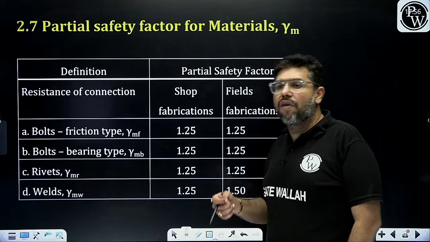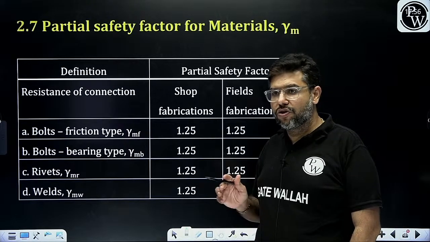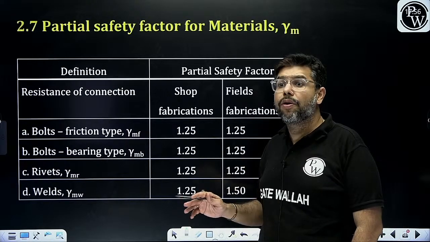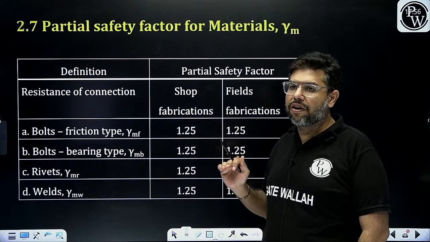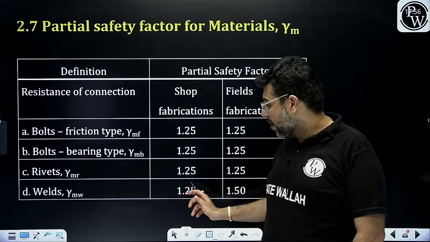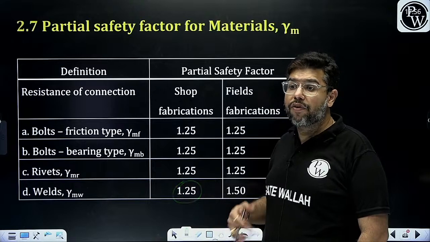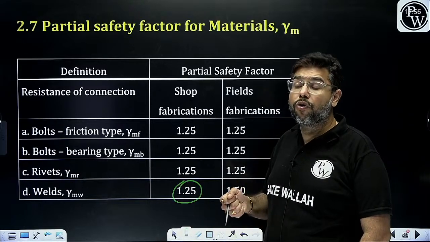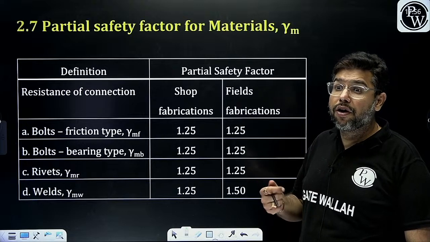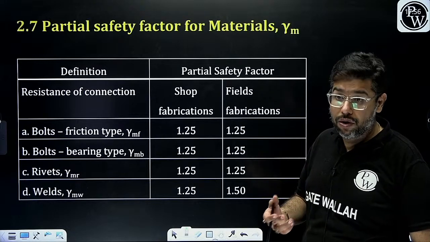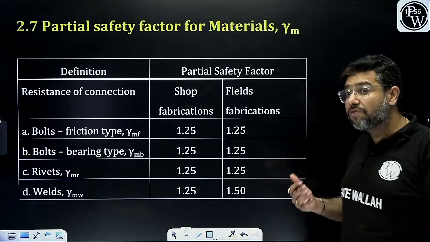Obviously, whenever you are fabricating the sections in a shop, the safety will be more, so the partial safety factor can be reduced. Whenever you are welding in a factory, the welding will be more controlled, more safe. But when you are welding in the field, the impurities in the weld will be more, so the welding defects will increase.